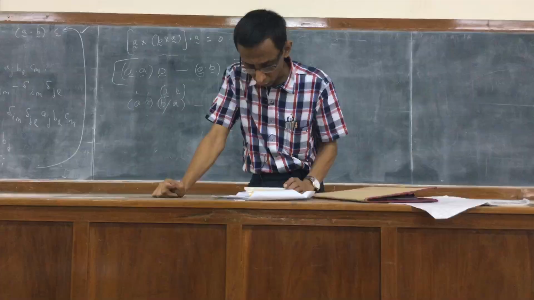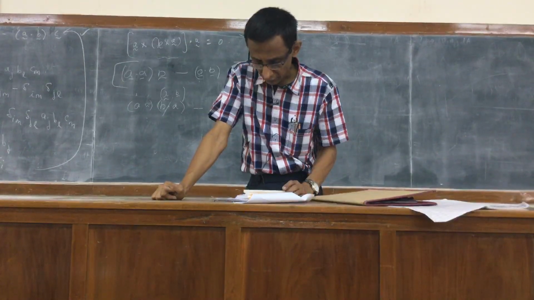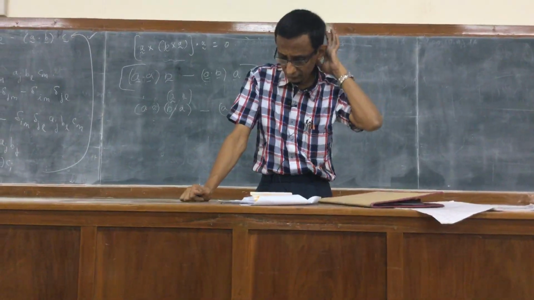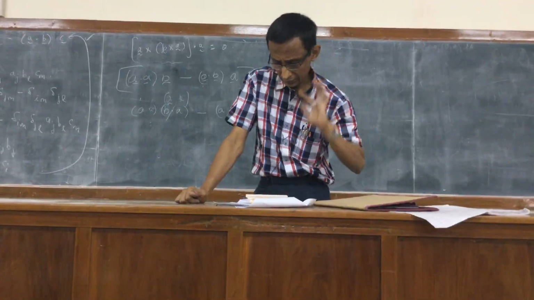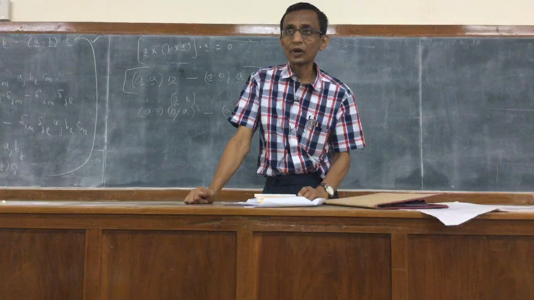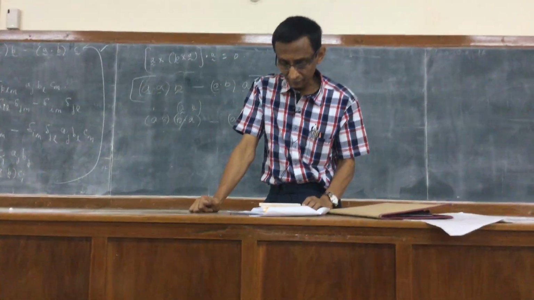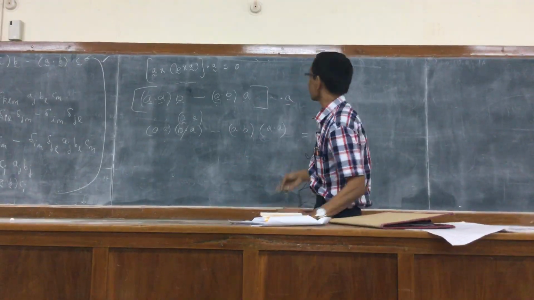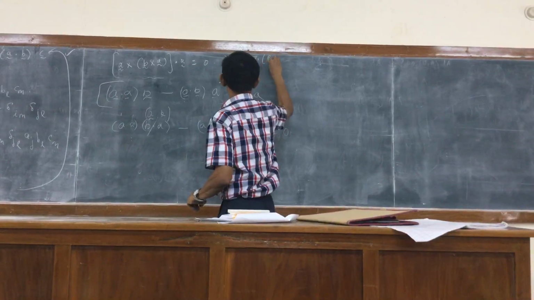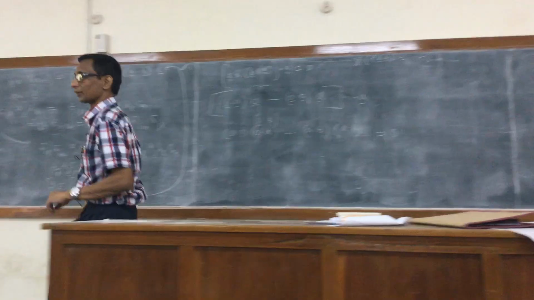What we will now get into is some important relations. We have already proved 5 in the previous class. 7 I have already used, so we used it to prove this.